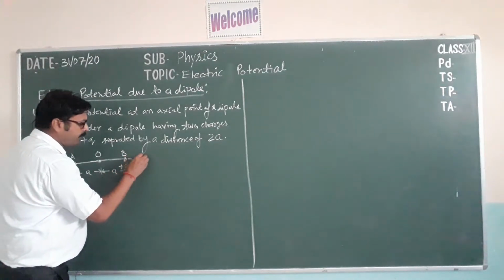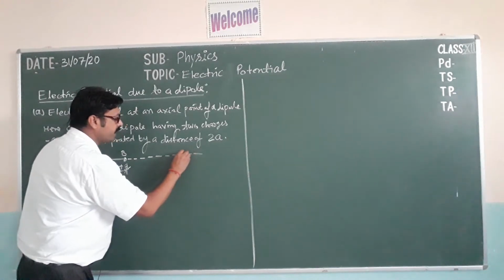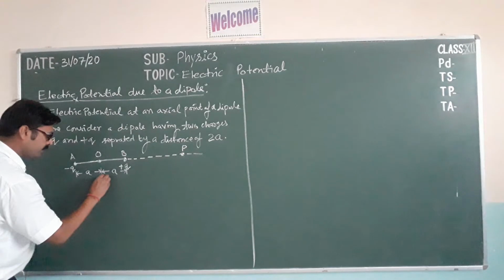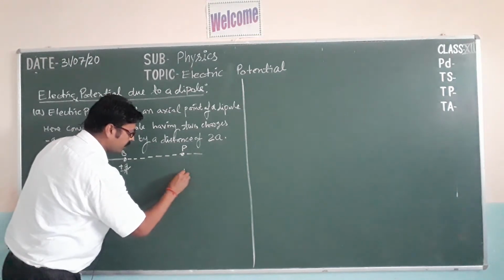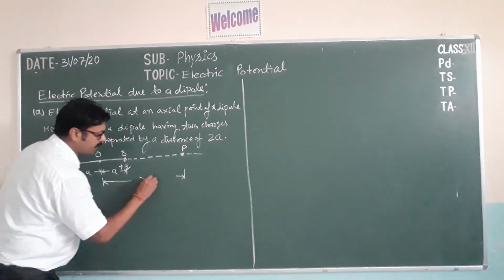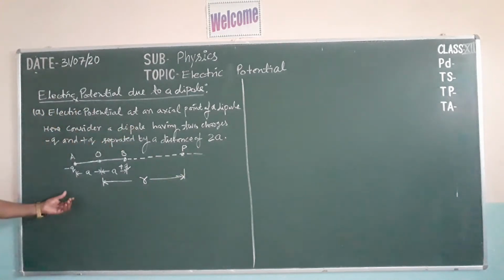At this axial point, take a point P, and the distance of point P from the origin O is small r.